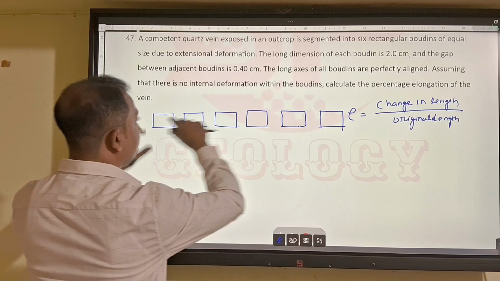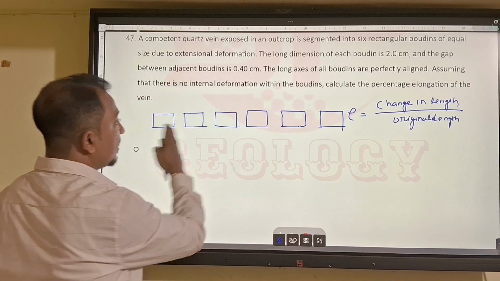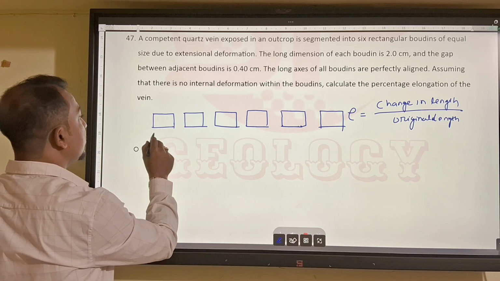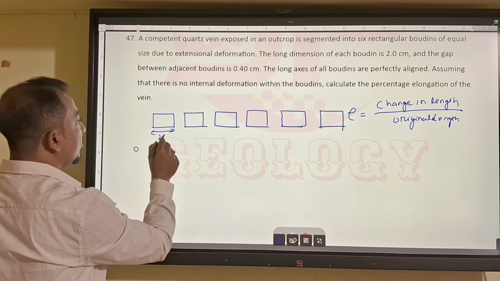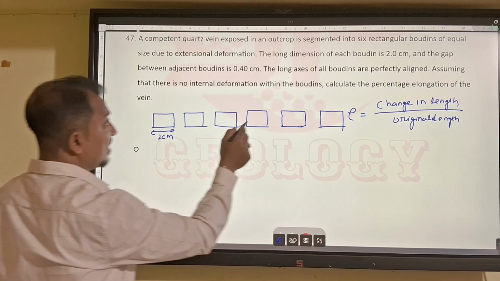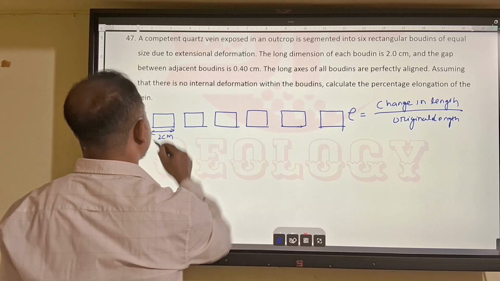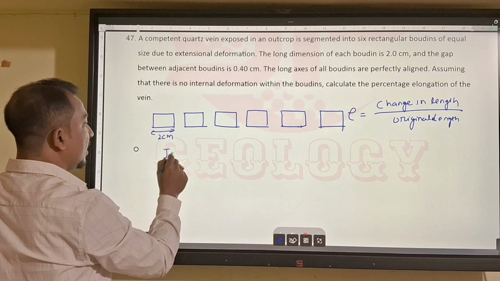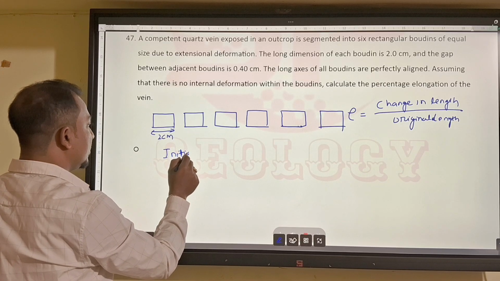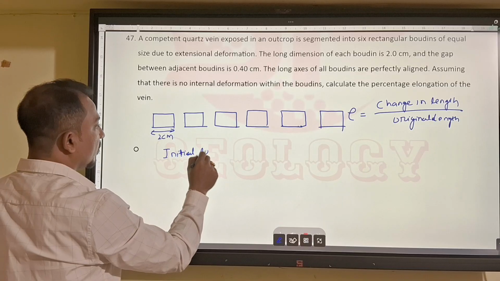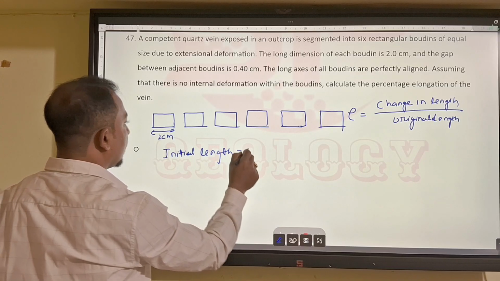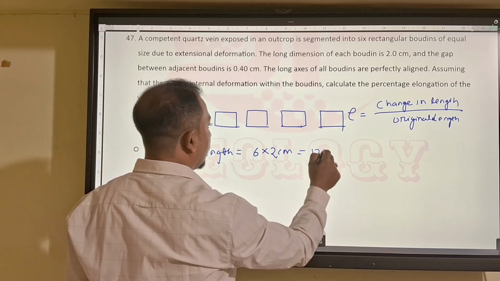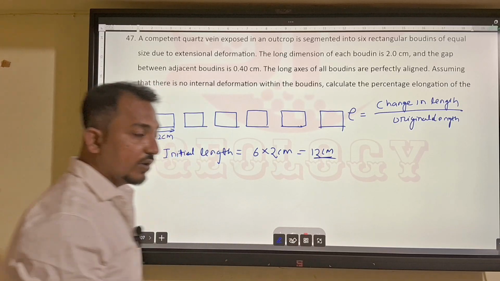Before, it was a single piece. Now, because of extension, they are fragmented. Each budin is 2 cm in length. Now it has 6 segments: 1, 2, 3, 4, 5, 6. So the original length before deformation, the initial length, will be 6 into 2 cm. It will be 12 cm.